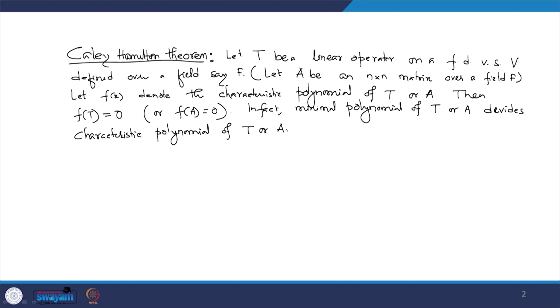So, the statement of the theorem is like this: say T is a linear operator defined over a finite dimensional vector space V. Say, for example, the dimension of V is n, and let A be a square matrix over the field capital F. If I consider V a finite dimensional space of dimension n, here I will consider A an n cross n matrix.